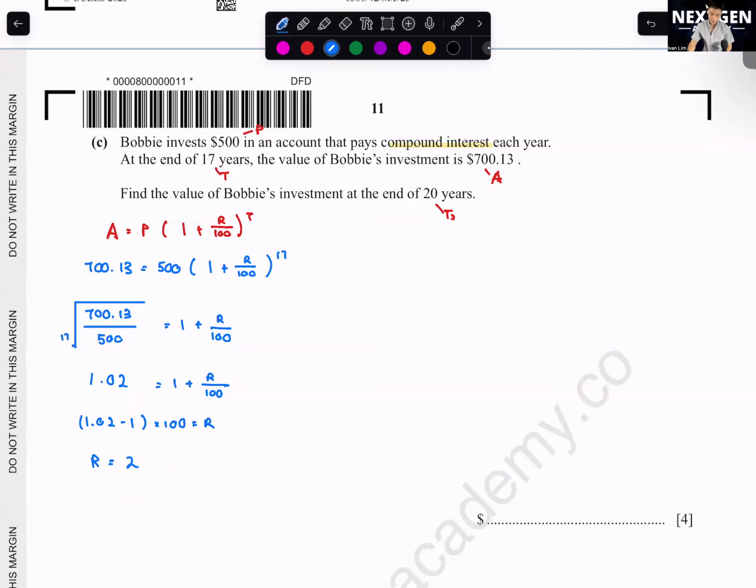We put it again into the formula. A equals P, 500, times 1 plus 2 over 100 to the power of 20. This one we get 742.97.